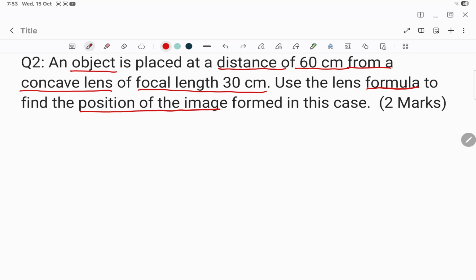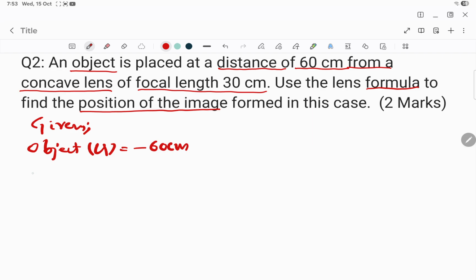Now let's write for description purpose. What is given here: object distance u is always negative, that is minus 60 centimeter.